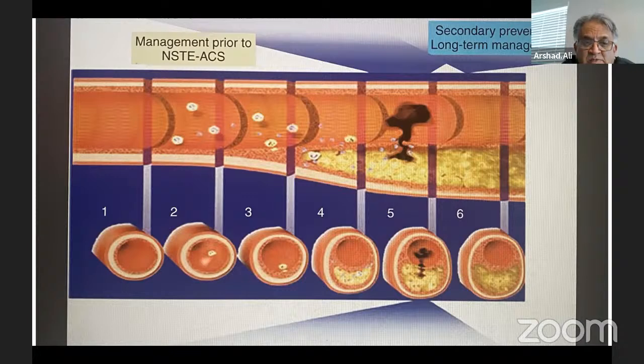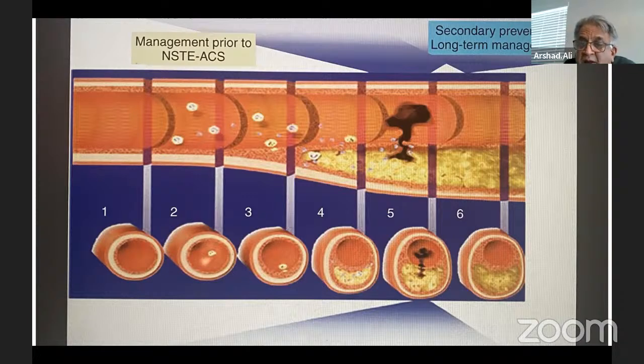So endothelial dysfunction will lead to development of atheroma, and over time you will see intimal thickening, and that goes all the way to significant narrowing of the coronary arteries. At various stages there will be erosions and ruptures of the endothelium that will activate the clotting cascade and cause development of thrombus in the lumen.